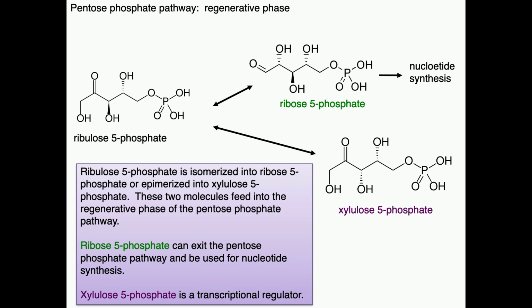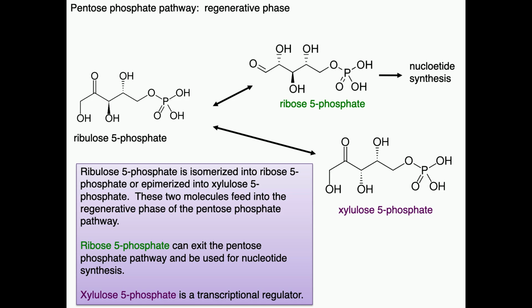It's an intermediate of the regenerative phase, but it's also an indicator of high carbohydrates or carbohydrate excess, and it can remodel the cell to deal with those excess carbohydrates. This we're going to talk about in a week or so. This I'm going to talk about in a few minutes.